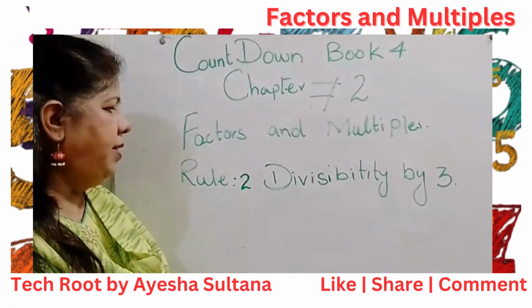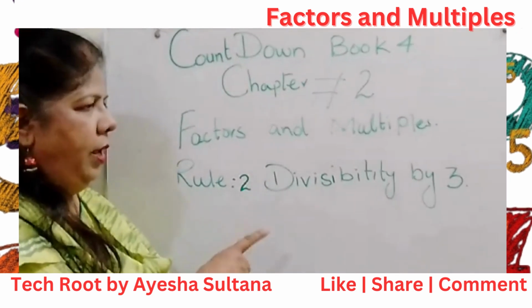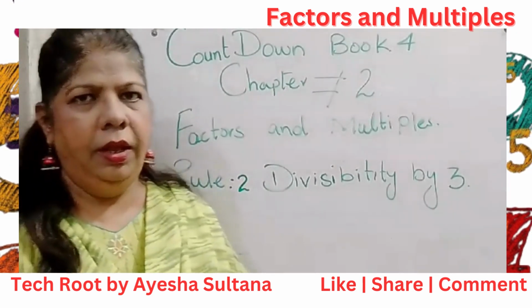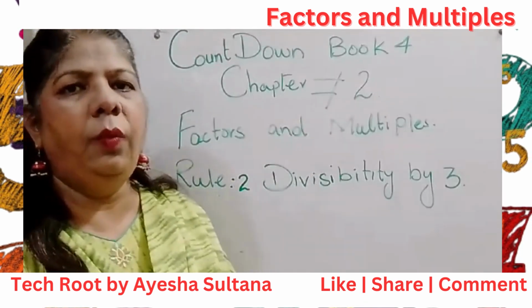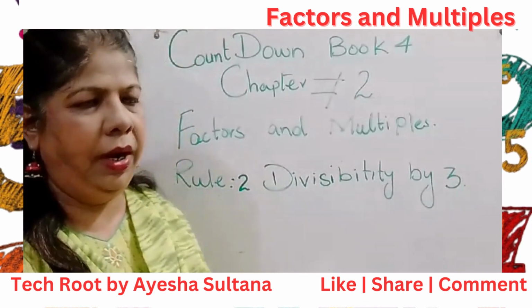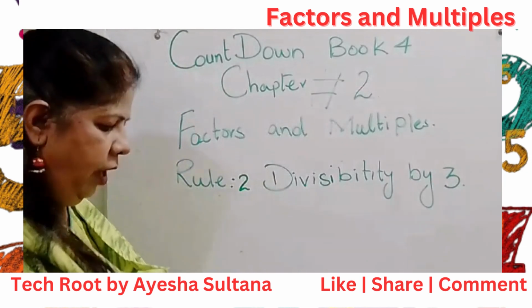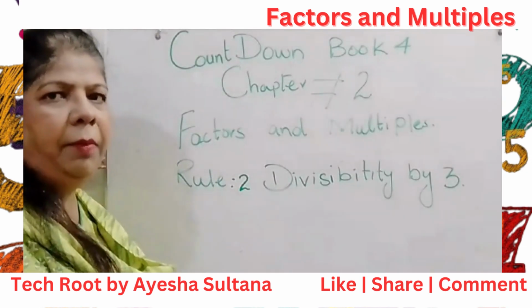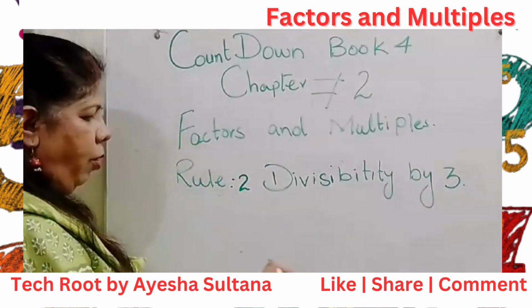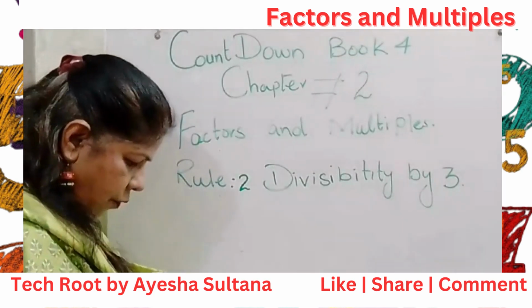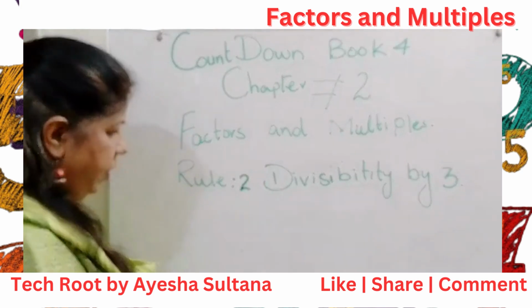Now children, my second topic, rule number 2, is divisibility by 3. How will a number be completely divided by 3? We have a formula. Let's suppose I am using the number 105.